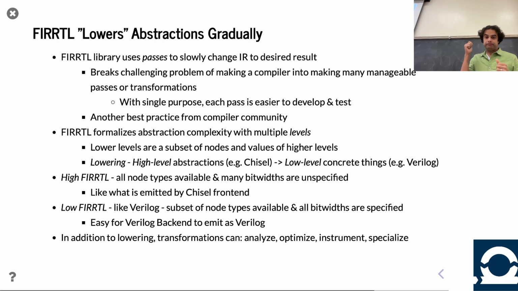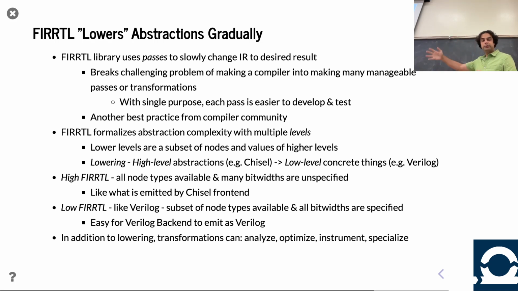And so Fertile, as it goes through these passes, actually has specifications for what these abstractions should be at multiple levels. There's a notion of what's called high Fertile, which is the Fertile that basically comes nearly out of the Chisel front end. And then there's low Fertile, which is Fertile that is very close to Verilog. The compiler uses the term lowering, where you start from high Fertile, which comes out of that Chisel front end, and it gets progressively lowered down to low Fertile.